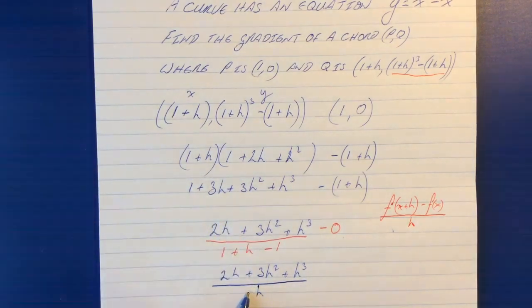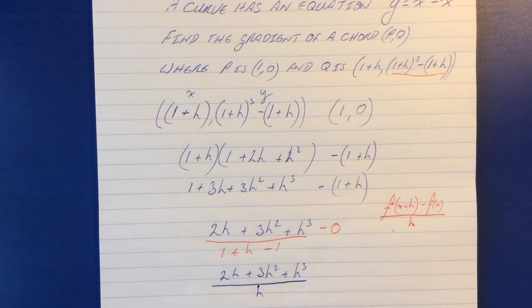And we can tidy this up by dividing through by h, because as you're aware, h tends to 0, and so you don't want to make the mistake of saying, well, h equals 0, so I'm just going to replace h with 0. Everything will turn to mud on you if you do that.